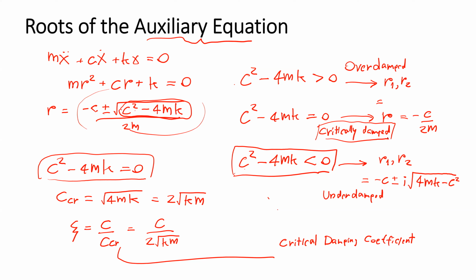And the damping ratio of the standard second order system is the ratio between the damping coefficient and the critical damping coefficient, so the ratio is equal to C divided by 2 square root of km.